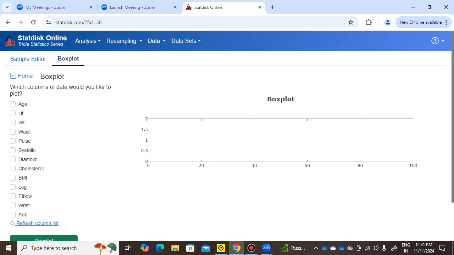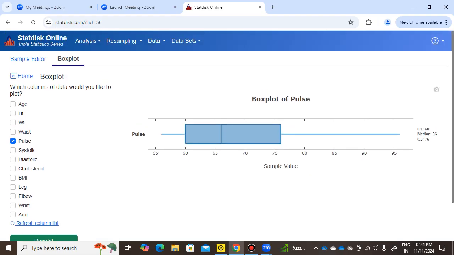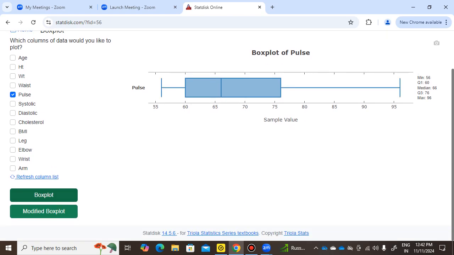And we'll do a modified box plot with pulse. And for the males, it goes lower than the 60. Hold on, let's look at just the regular box plot report.